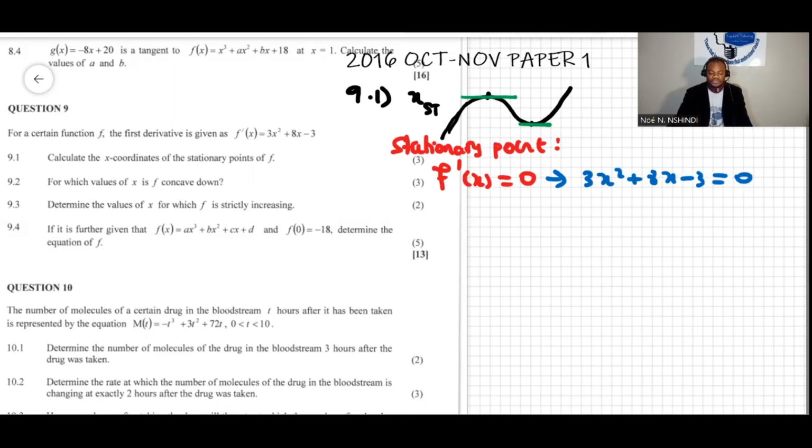Now we're going to solve this equation. How can we do that? I want to do the first term times the last term. Okay, we're going to times these two. So what we get? -9. Now what are the factors of 9 then? The factors of 9: 1 and 9, 3 and 3.